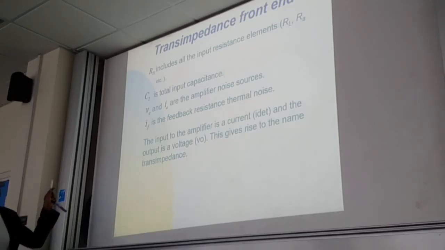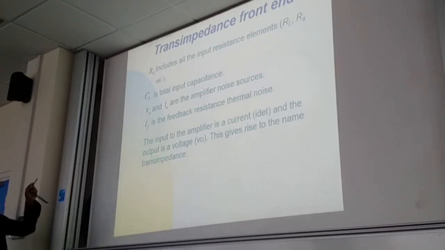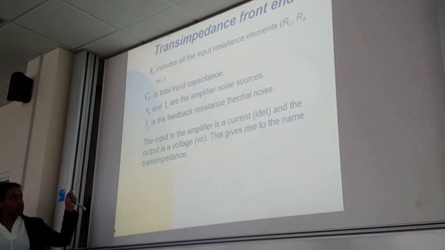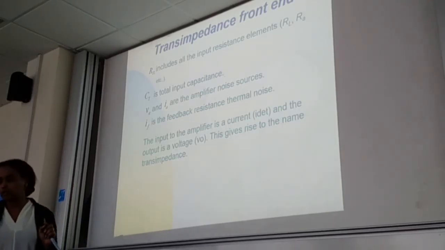We'll see now. First, the name transimpedance comes from the fact that it's a transimpedance amplifier, where the input is a current, the I detector, and the output is a voltage. So that's why we call it transimpedance.